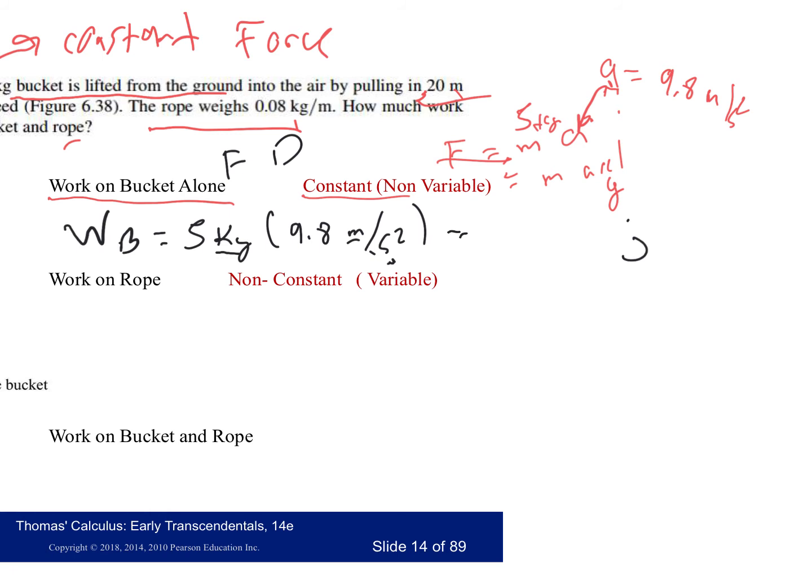Let's see, 8 times 5 is 40. Carry the 4, 49. 490 with 1 decimal place. 49. And wait a minute. That's just the force.